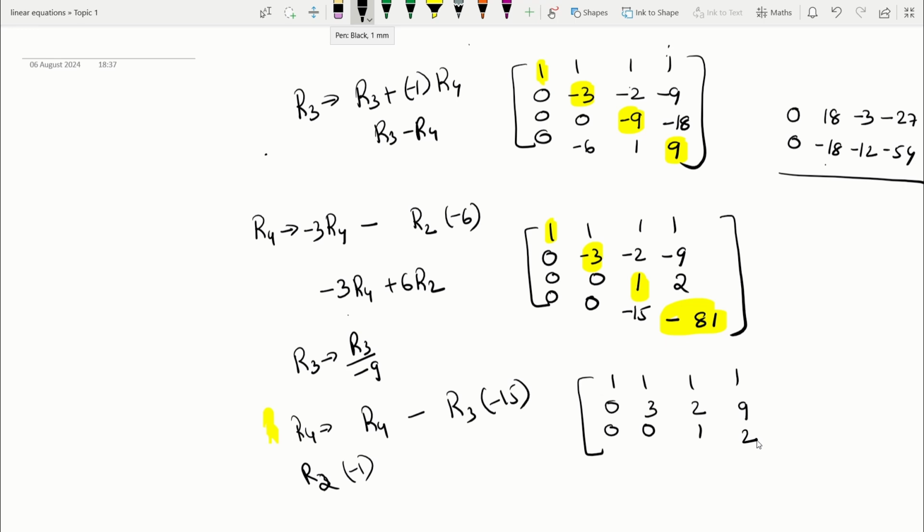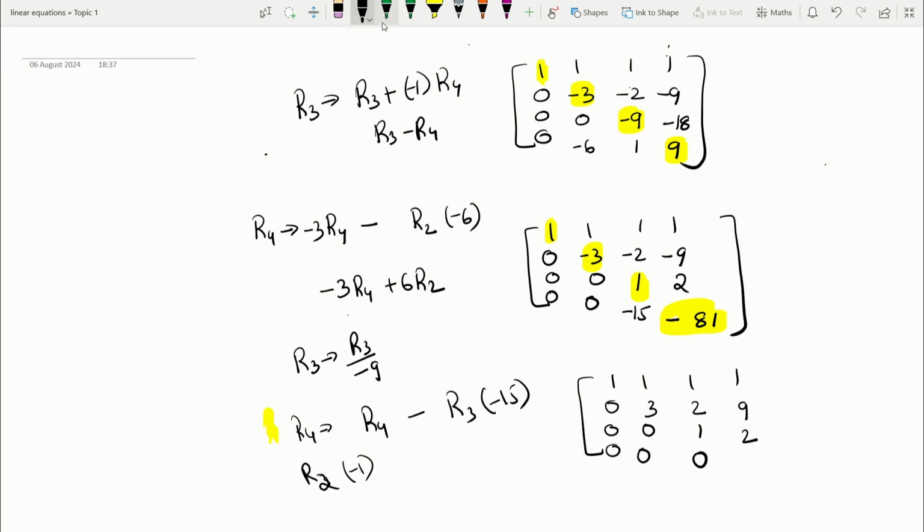Let me take this in pink mode. R4 implies R4 minus R3 I will take. R4 element is minus 15. So please write for R3. R3 is 1 only, so the coefficient may not change for R4. Just interchanging these positions. That's all.